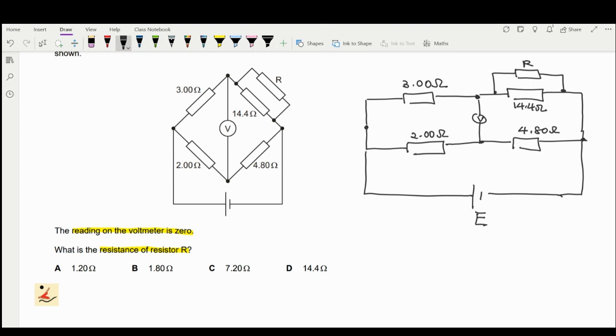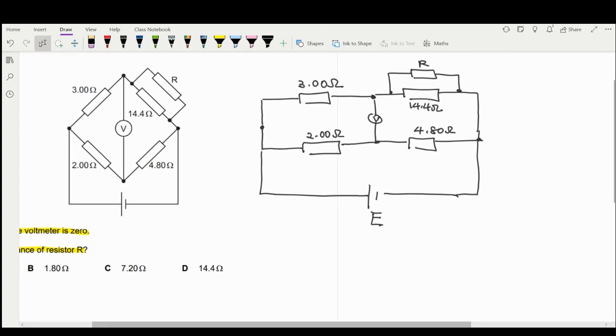What they tell you in the question is that the voltmeter gives a reading of 0 volts. Which means that if you draw a loop from this point back to this point here, the potential difference is equal to 0 volts.